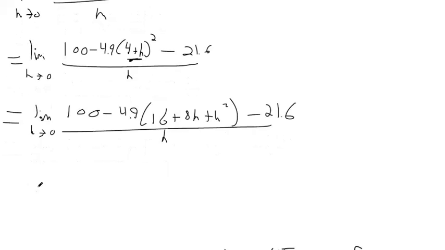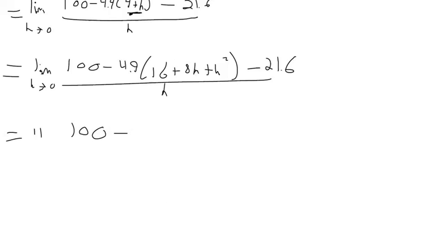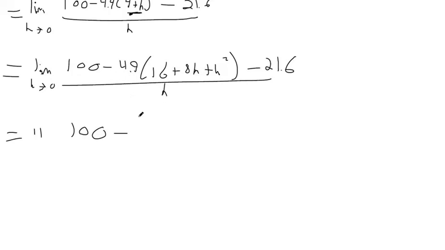Okay, and then we can distribute that 4.9, so it's just some yucky algebra here. I'm going to use quotes for the limit. So we got 100 minus, if I distribute that 4.9 into everything, 78.4.